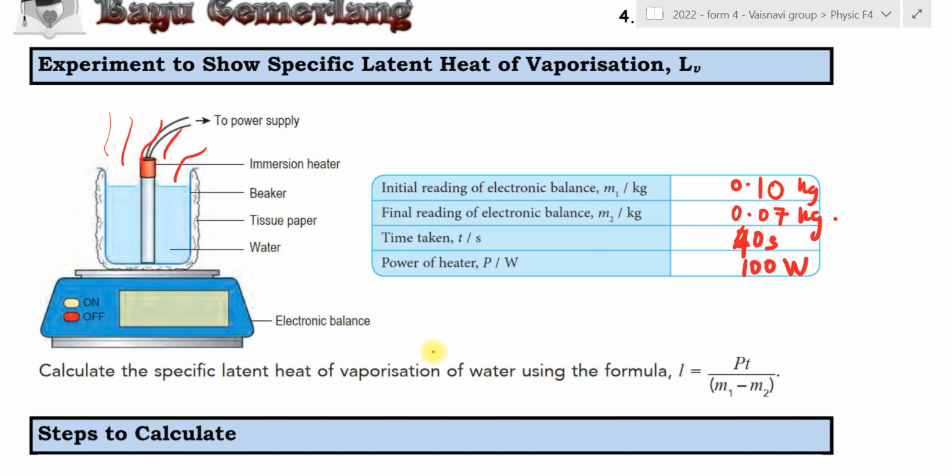Formula yang macam tadi, saya dah tunjuk macam mana kita derive. So, we straight away directly do the substitution. Power dia 100, darab 40, over M1 minus M2.